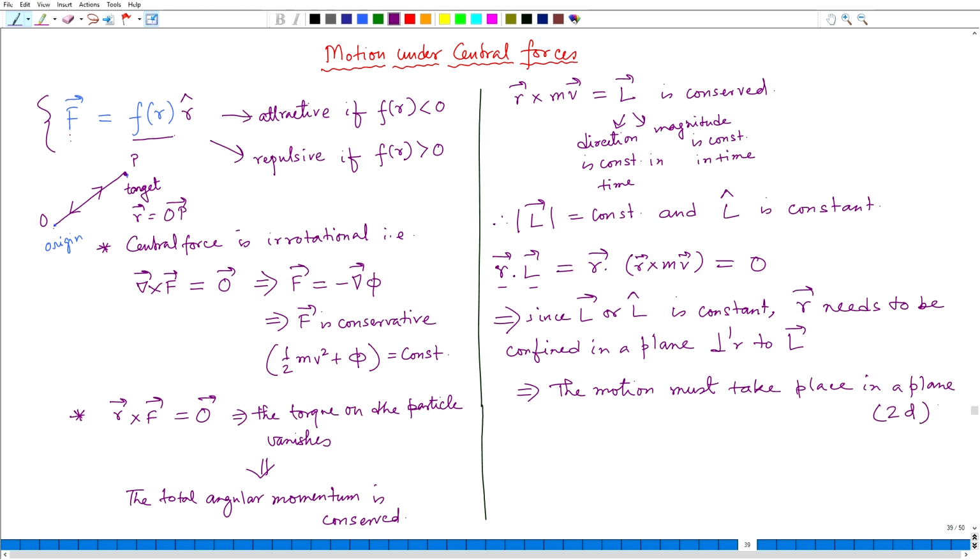And that plane is not an arbitrary plane, it is a plane perpendicular to the L vector itself. Now, once I conclude about this 2D nature of motion under central force, many things are actually simplified.